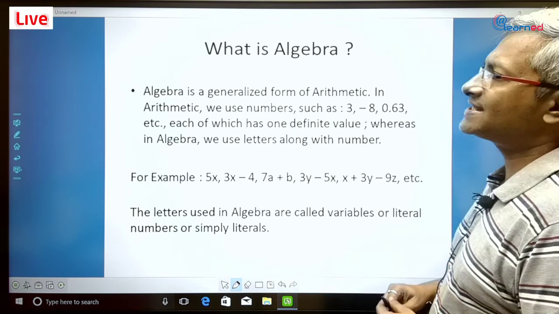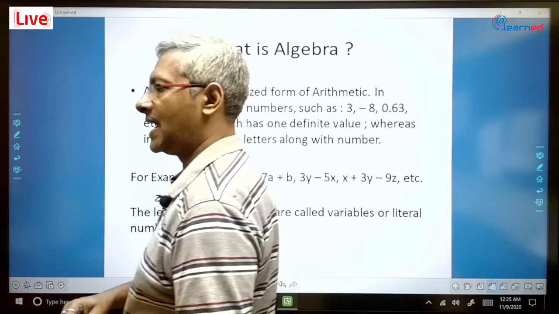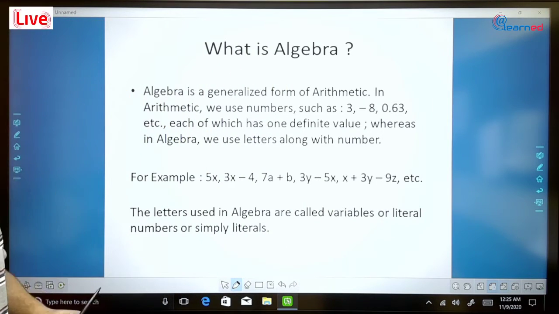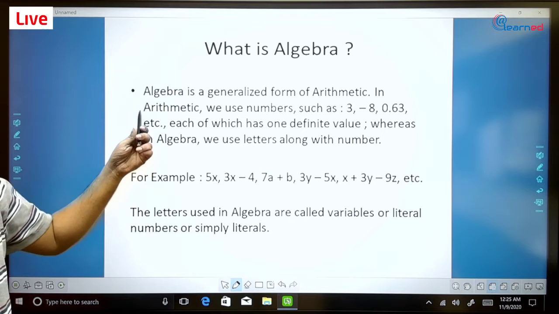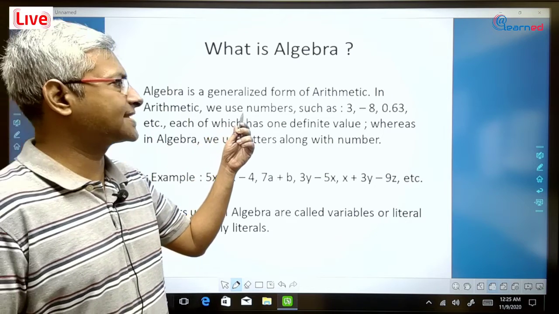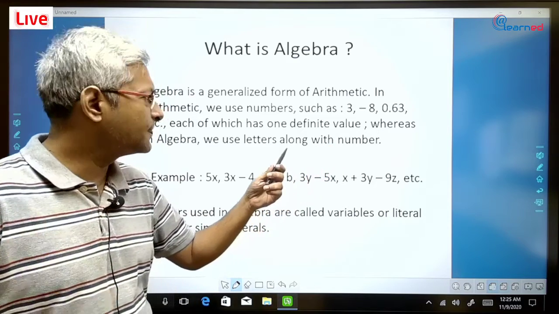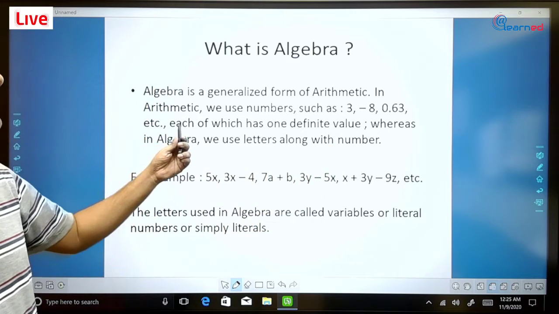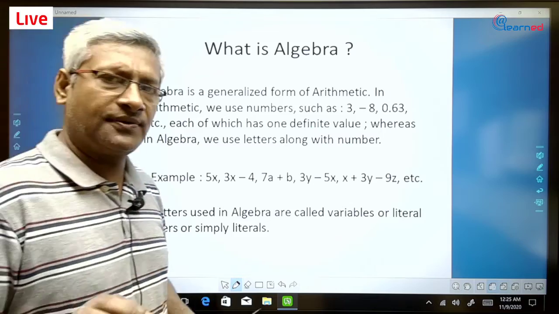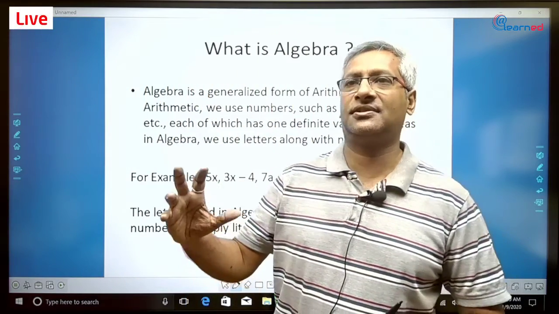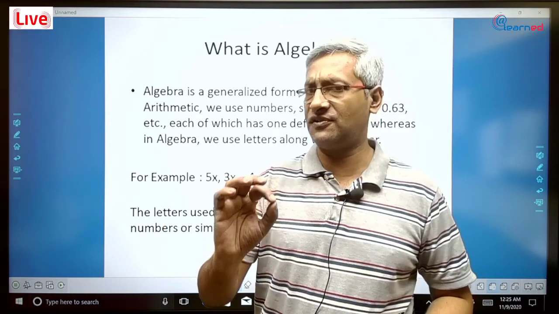Now, what is algebra? It is a generalized form of arithmetic. In arithmetic or general mathematics, we use numbers such as 3, minus 8, the whole numbers, the integers, etc., each of which has one definite value, right? So when we are doing mathematics, we deal with either a whole number or an integer, it has a definite value.